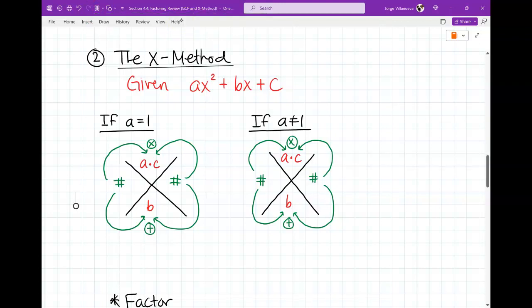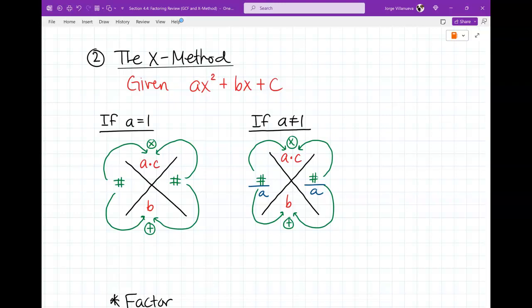So if A equals 1, that's the process we're going to do. If A is not equal to 1, it's the identical process, but you're going to divide your answers by A. That's the only difference.